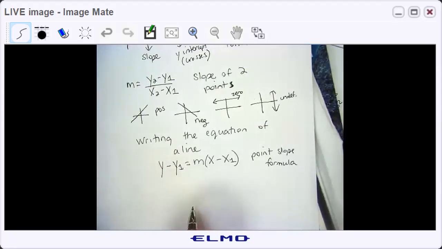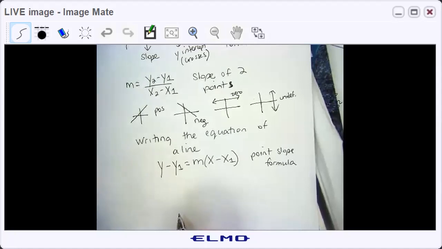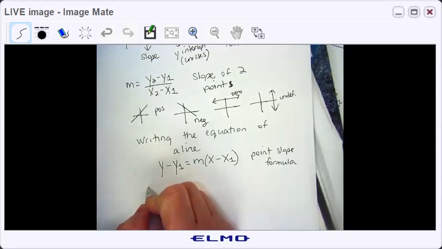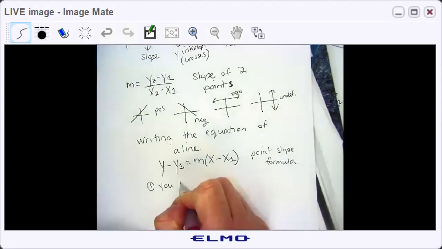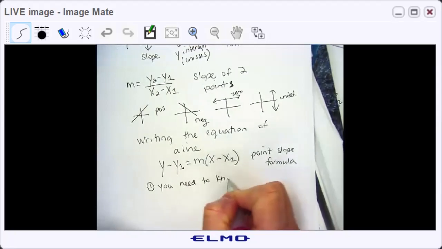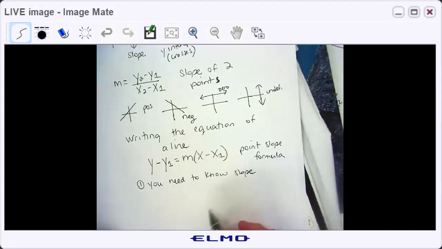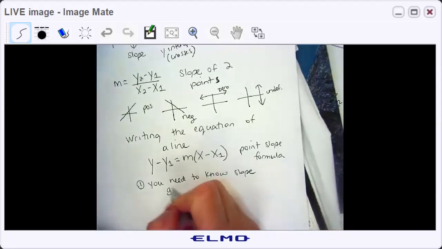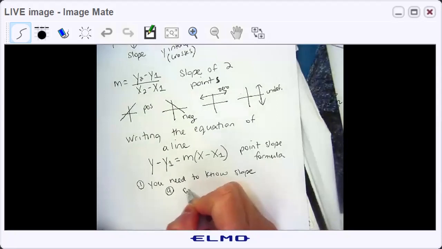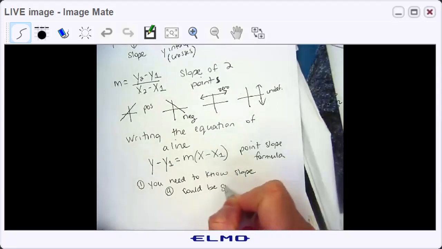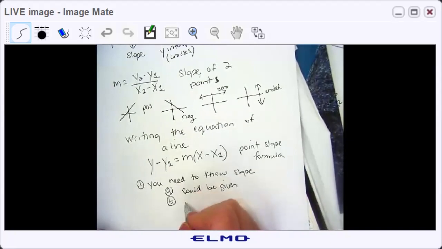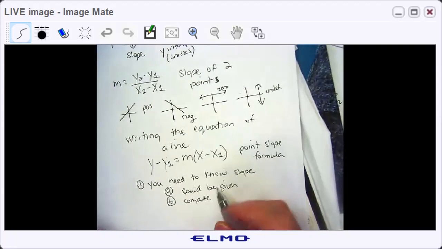All right. So when you're writing the equation of a line, here's a couple of pointers on that. You need to know the slope. Now, I doubt they'll just flat out give you the slope, but let's just pretend maybe they would. So we're going to say could be given. Probably not. More than likely, you're going to have to compute it with the formula I just showed you above, y2 minus y1 over x2 minus x1.